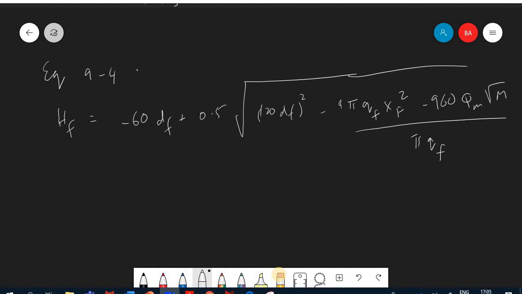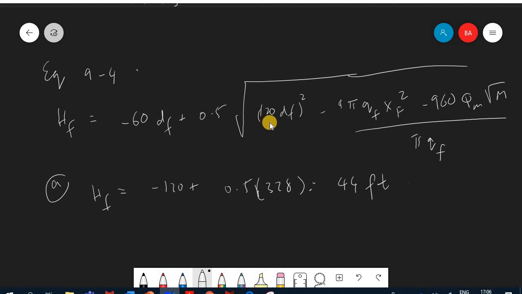Doing your substitution here, you're going to get, for case A, because we have 4 cases, HF equal to minus 120 plus 0.5 into 328, which will be 44 feet. So that is the height, and it's just a direct calculation.